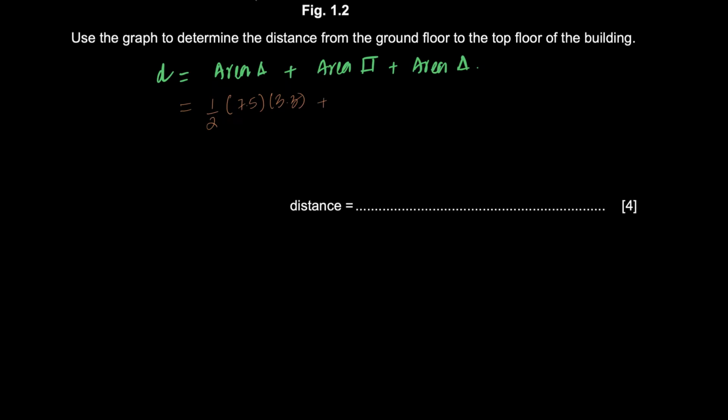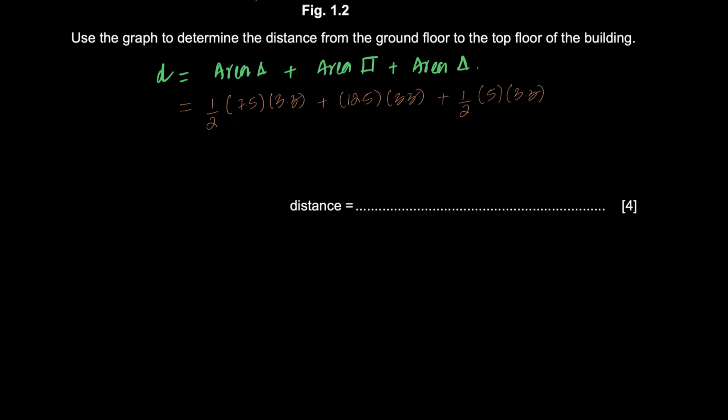Rectangle 2, well, that's base times height. The base is 12.5 and the height is again 3.3. And triangle 3 is half times 5. The base was 5, the height was 3.3.